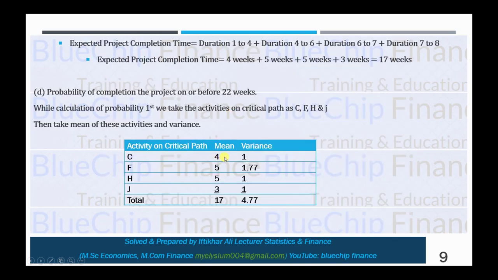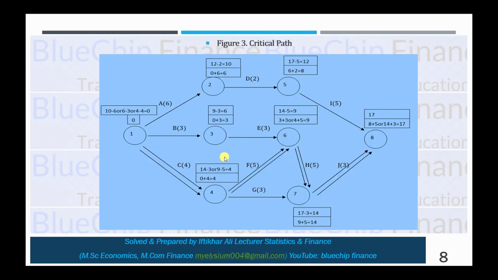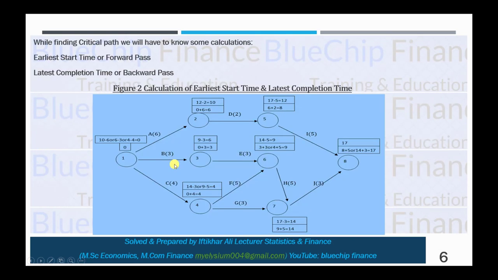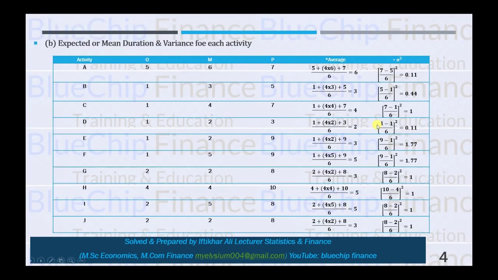And what are your means on these paths? So the mean times are 4, 5, 5 and 3. And after that, what is your variance on these paths? C, F, H, J. So we just go to the variance calculation table.